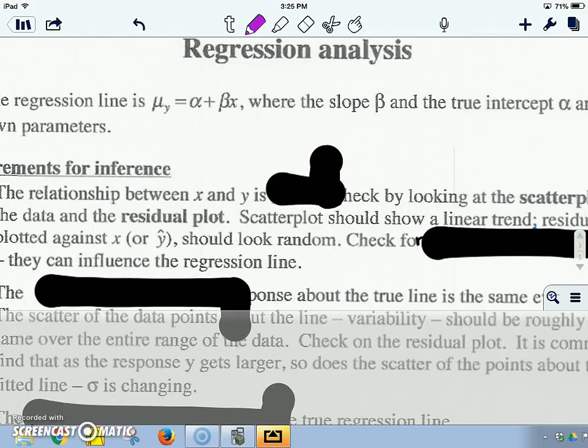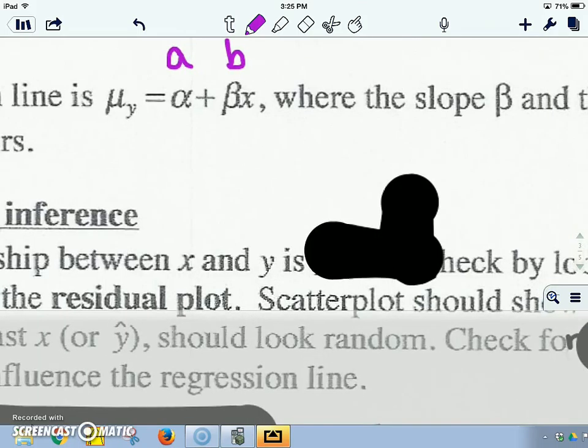This is the parameter y-intercept, we have a when it's a statistic, and b when it's a statistic, or the parameter y-intercept and the parameter slope or rate of change.